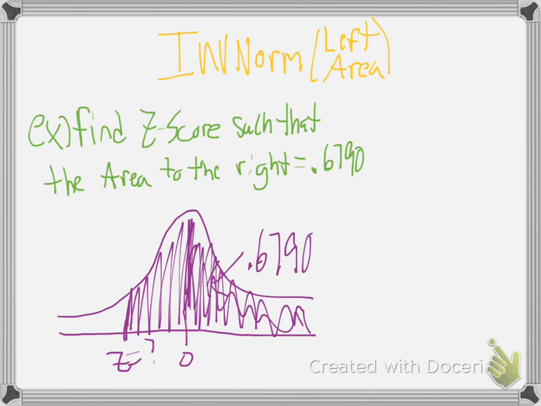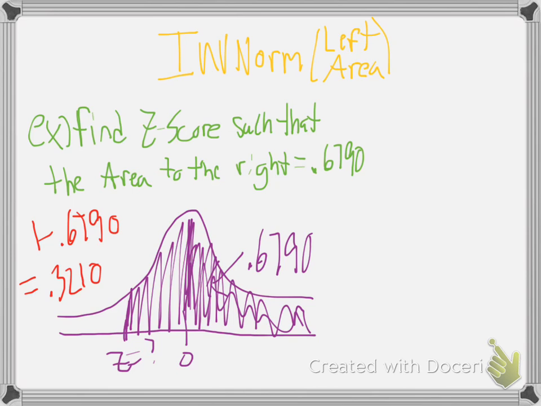We're looking for this. The thing is that inverse norm only knows how to do left area. So what you have to do is 1 minus 0.6790, and you get 0.3210.